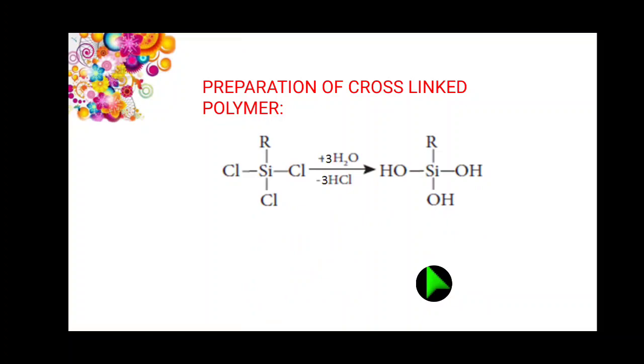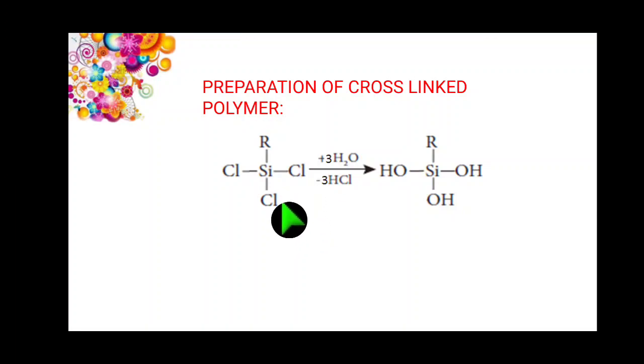Next, how will you prepare the cross-link polymer? What kind of reactant do we have? For cross-linked polymer, the reactant is monoalkyl chlorosilane. 1 alkyl, 3 chlorines bonded with silicon, right?